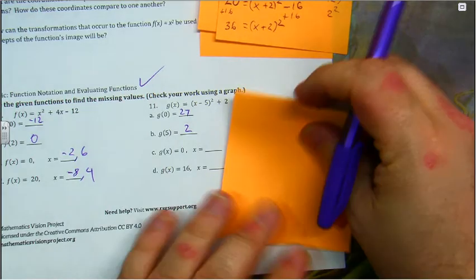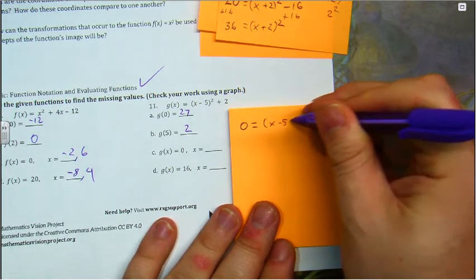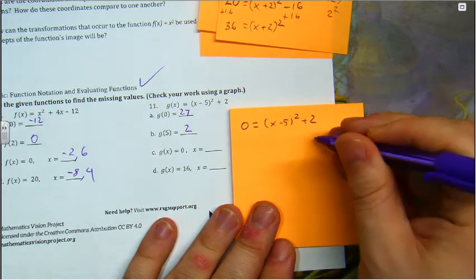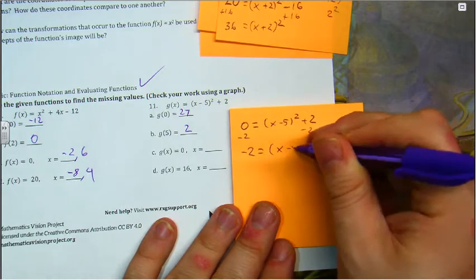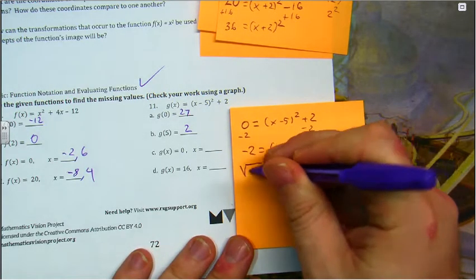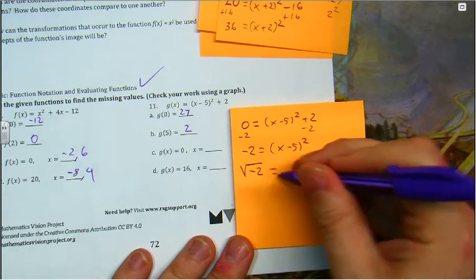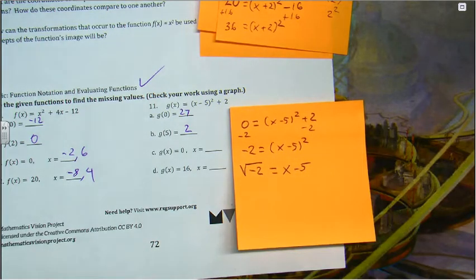Sweet. Let's set it equal to 0 now. So 0 equals x minus 5 squared plus 2. Subtract 2 from both sides. Negative 2 equals x minus 5 squared. Square root both sides. Ooh, look at this. Square root of negative 2 equals x minus 5. Is there a square root of negative 2?